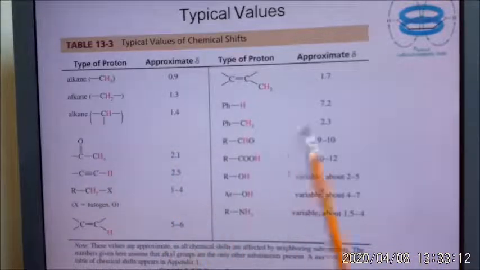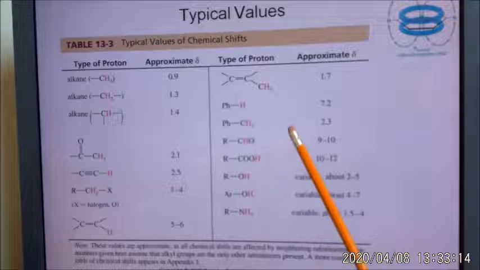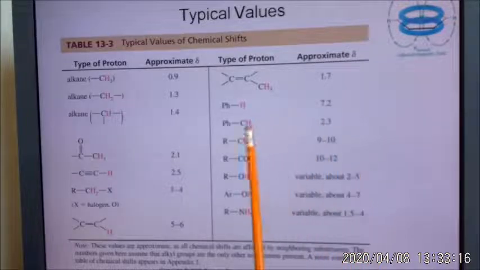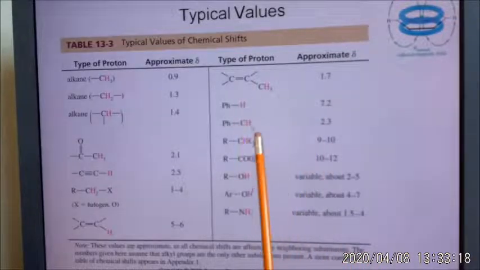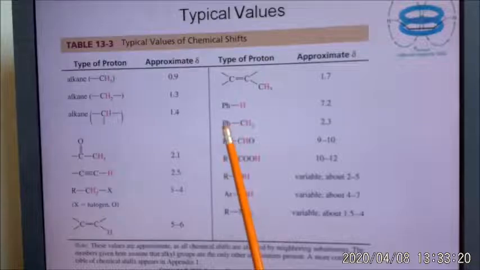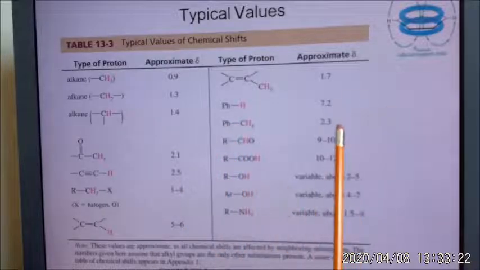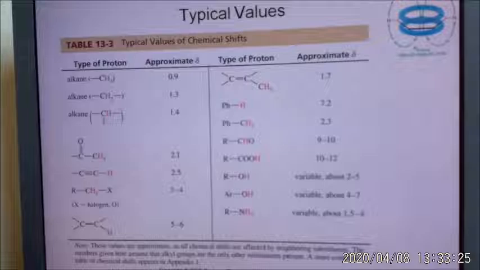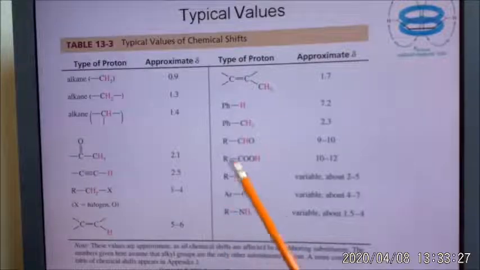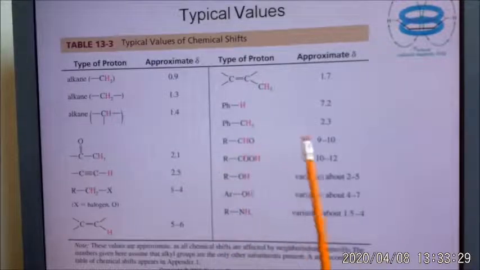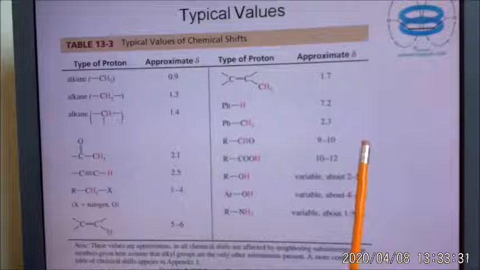Aromatics, 7.2. A methyl group on an aromatic, instead of 0.9, because of the deshielding aspects from my phenyl group, 2.3. Okay? My aldehyde hydrogens, 9 to 10. Very distinct in that region.